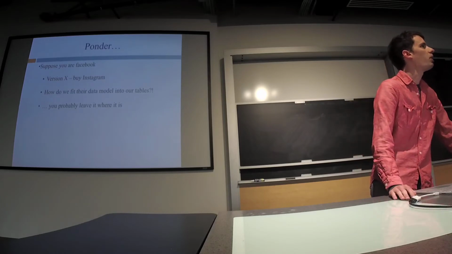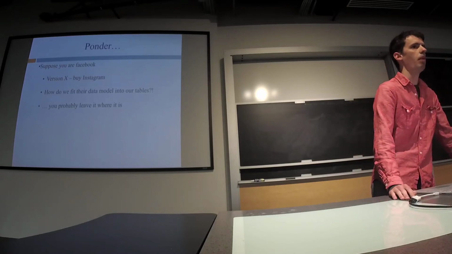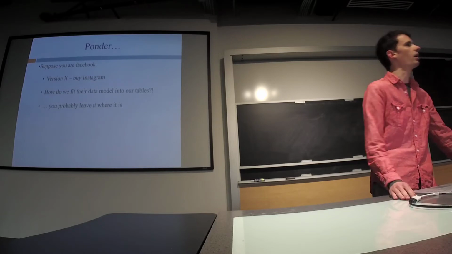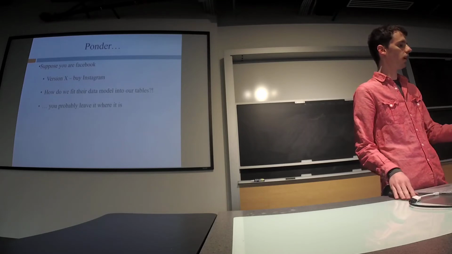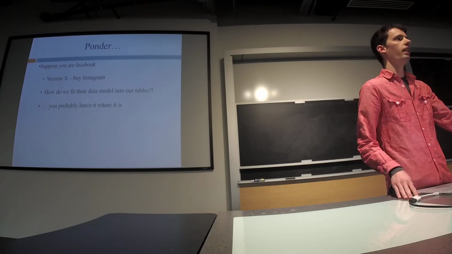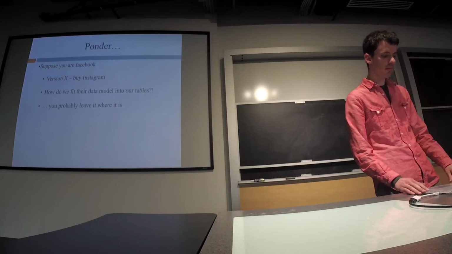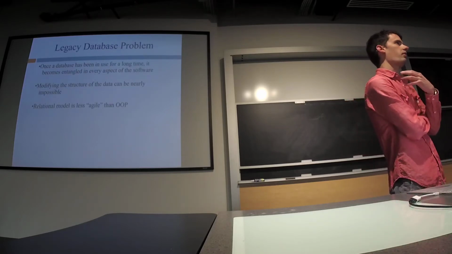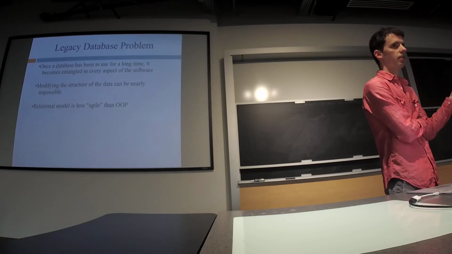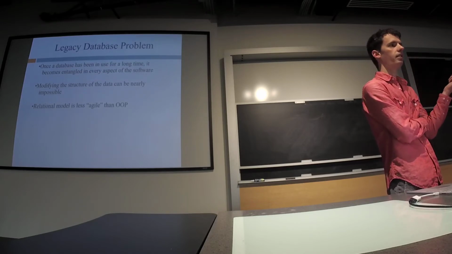But the point is, social media stuff and modern web stuff tends to change rapidly. You don't really know at design time what information you need to hold and what the relationships are in that information. Broadly describing this problem is the legacy database problem.